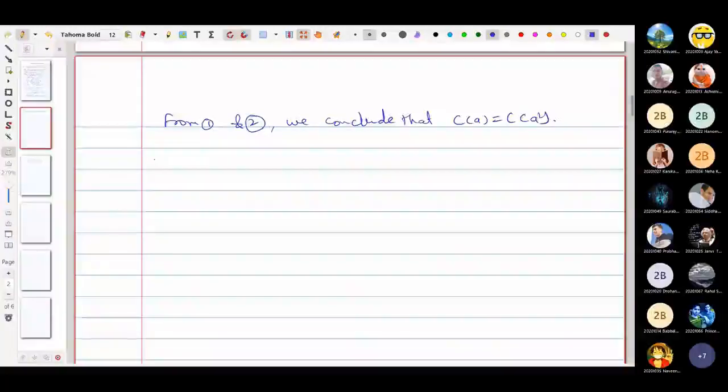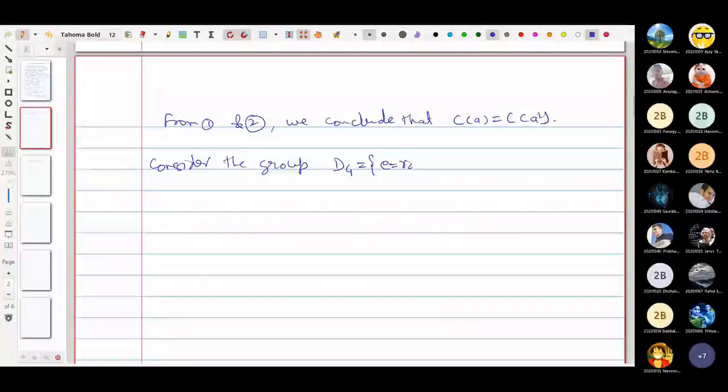So for this, consider the group D4. In D4 we have the identity, that is R0, and R90, R180, R270, horizontal, vertical, and then we have a diagonal and another diagonal.